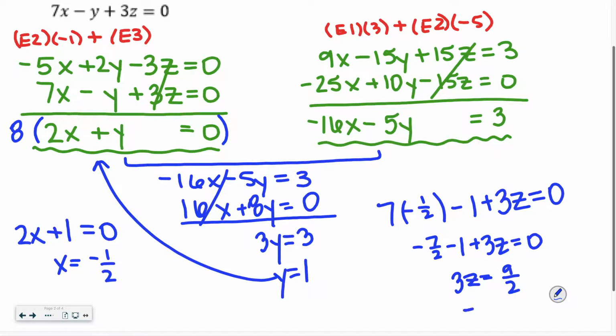So 3z equals 9/2, which means z equals 3/2.